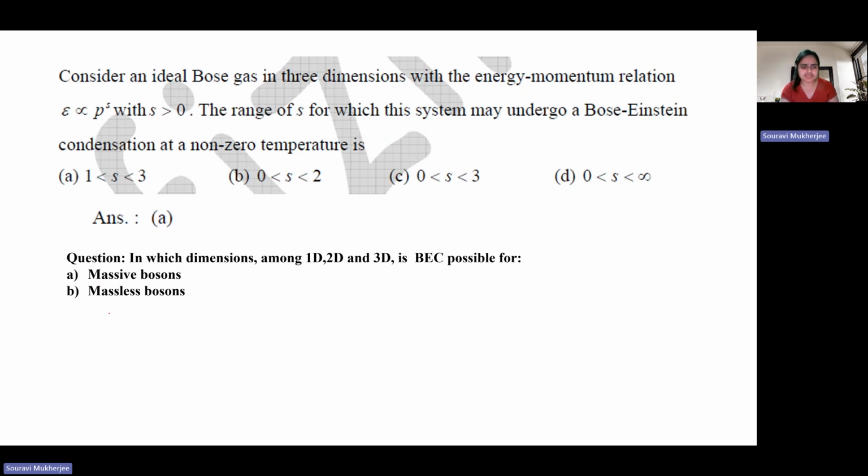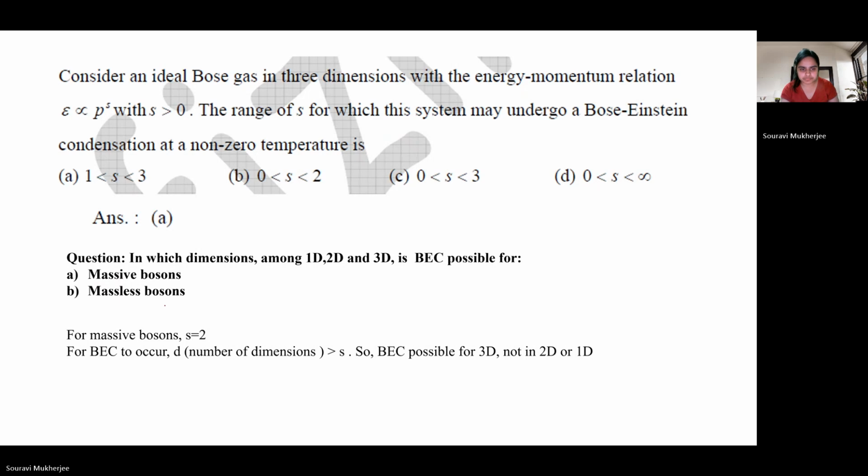For a massive boson, S is 2, because the energy is given as P square by 2m. For BEC to occur, D, which is the number of dimensions, should be greater than S. So in that case, BEC is possible only in 3 dimensions, not in 2D or 1D.